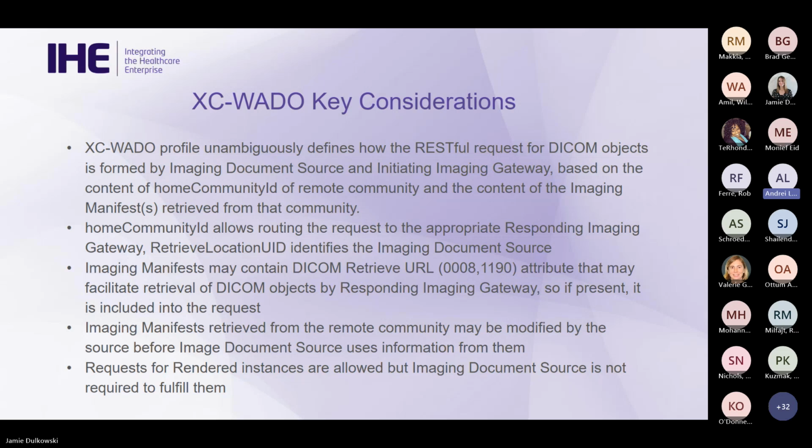So that means when the retrieval actually occurs, the imaging document consumer has to be prepared that the information that it retrieves may not necessarily be exactly the same as they expected from the manifest. So that is also highlighted in the profile.